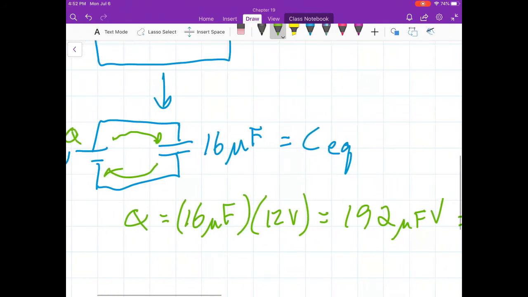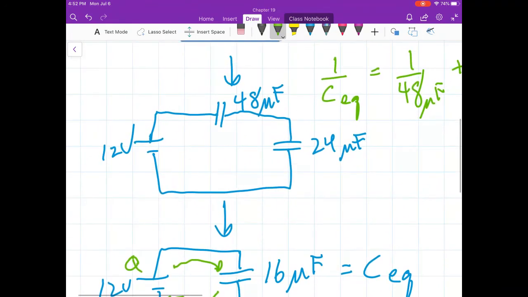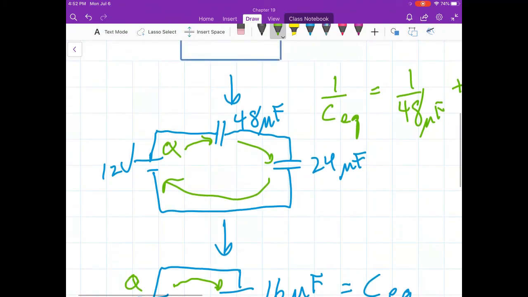If I go back to my previous picture, I can say the same thing here. The charge that left this battery went to this capacitor, went to this one, and came back. Therefore, in series, you get the same charge on each one.